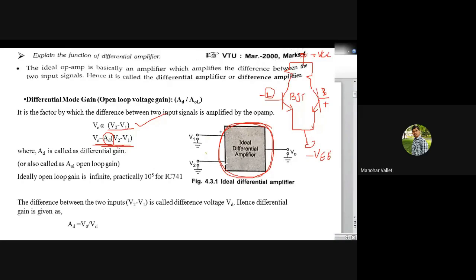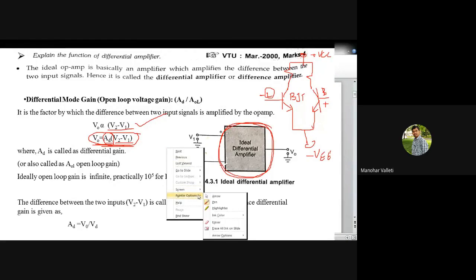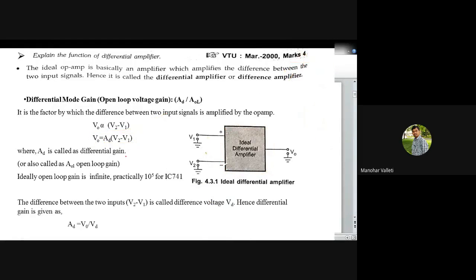As we saw previously, the operational amplifier in open loop has open loop gain. In the same way, here the differential amplifier output is V naught, and the gain offered to the difference of the input signal is AD, so that's why it is differential gain.